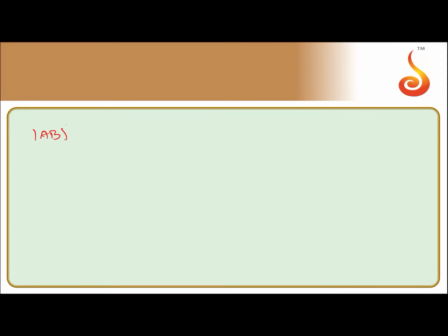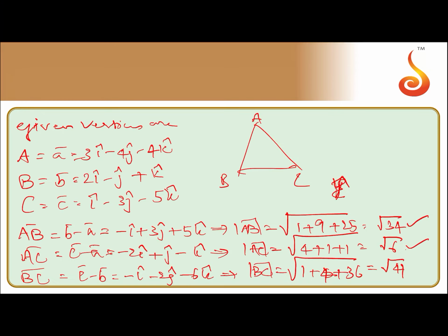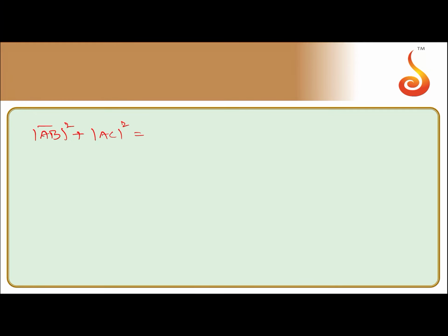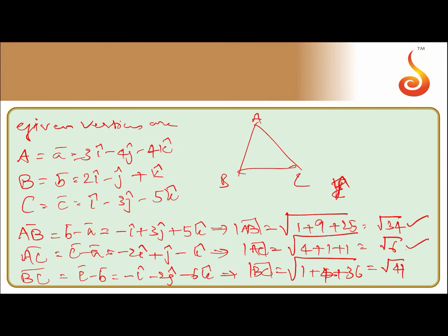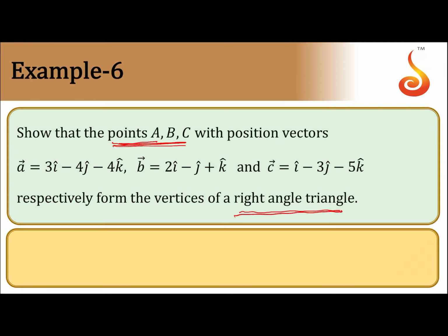Modulus of AB square plus modulus of AC square is 34 plus 6, which is 41, and that is equal to modulus of BC square. Therefore, triangle ABC formed by these 3 points is a right angled triangle. So it's easy to prove that it's a right angled triangle.